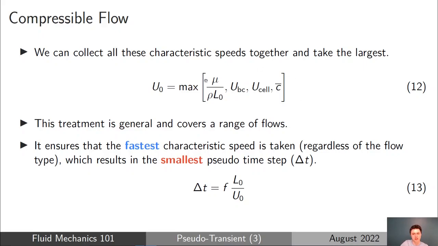The CFD code can just calculate all of these velocities and then just take the largest one, and that will automatically account for the regime or the type of flow that's going on in the domain. And so this treatment is general and it covers a wide range of flows. And the largest speed, once again, will mean that we take the smallest pseudo time step size in the domain.